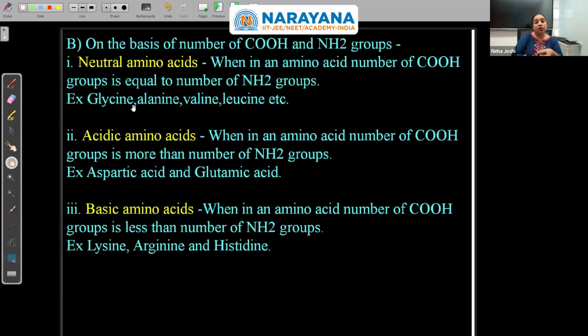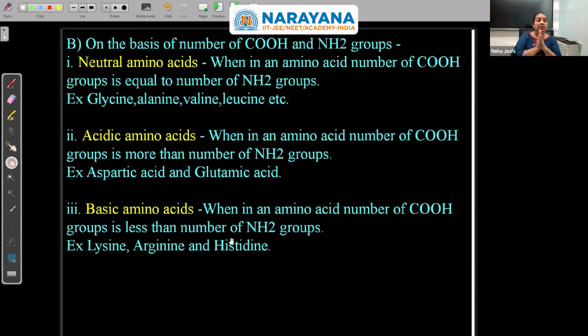Acidic amino acid, when the number of COOH is greater than the number of NH2 groups. Then comes the basic amino acids, when the number of COOH groups is less and the number of NH2 groups is more.